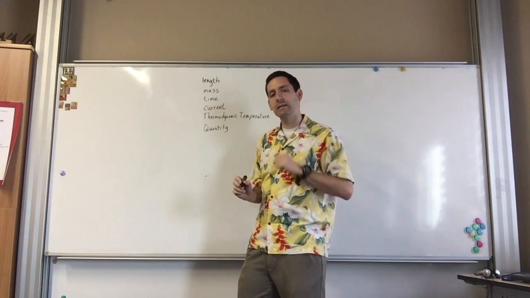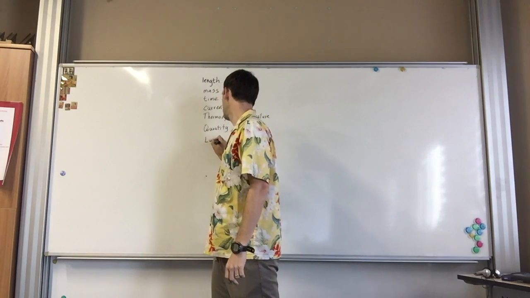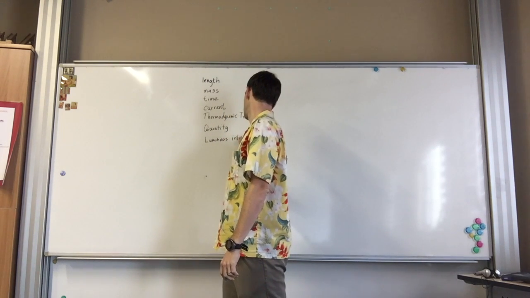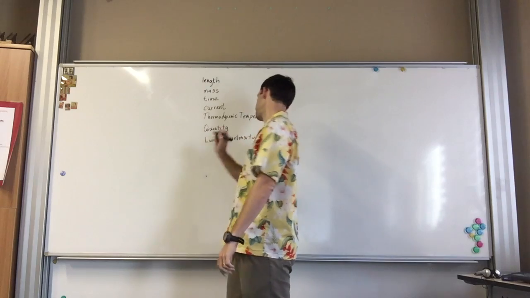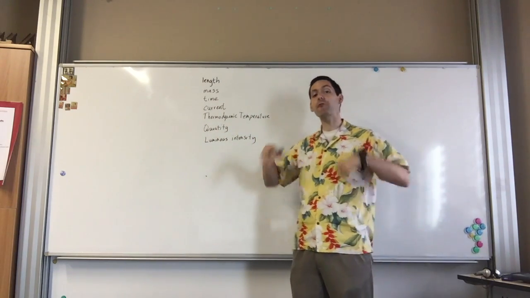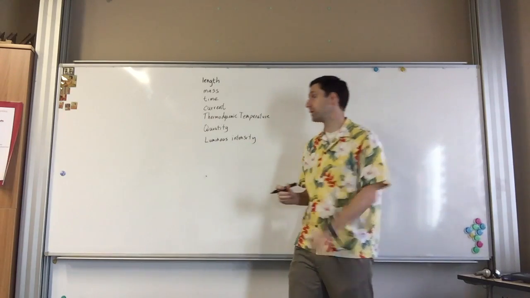And we've got luminous intensity. Right? And these are the only 7 fundamental units we have. Everything else can be written in terms of these. And we'll talk about just what that means in a second.